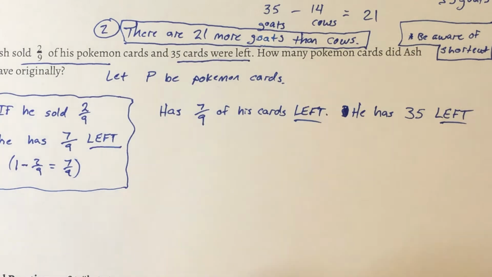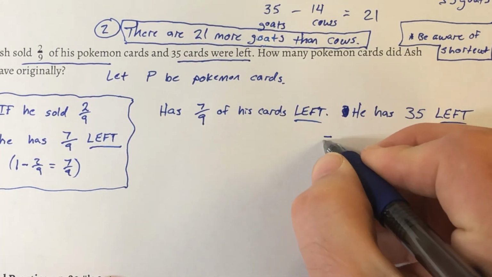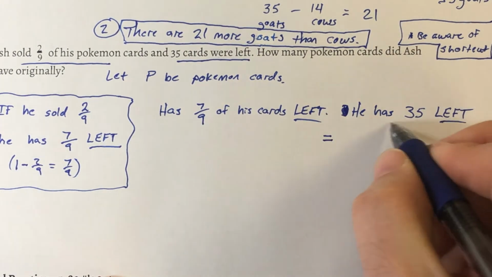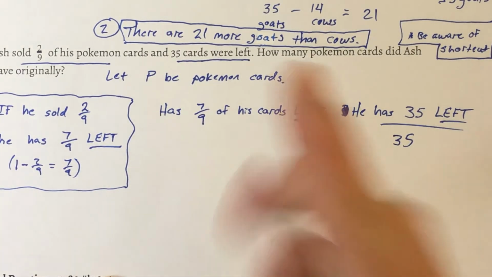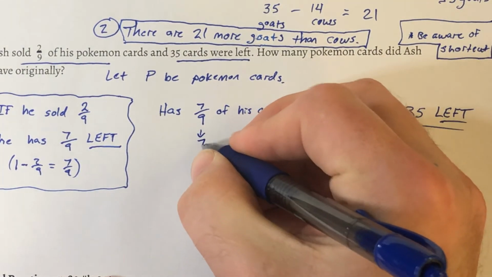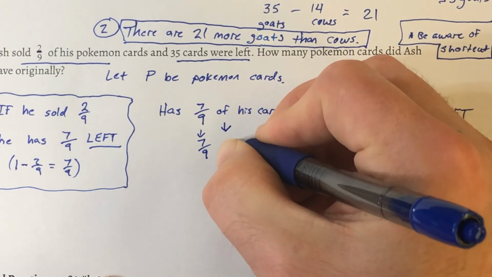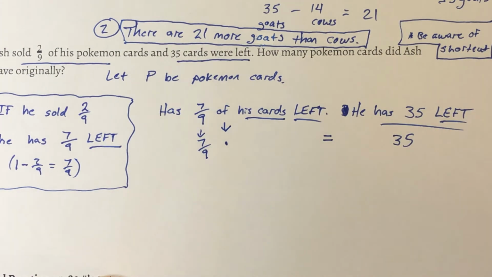All right, let's translate this. Since it's both about what he's got left, this is the middle of our equation. So our equal sign is going to go right there. What does he have left? He's got 35 left. What does he have left? He has 7/9 of, which means multiply, his cards. How many cards did he have?